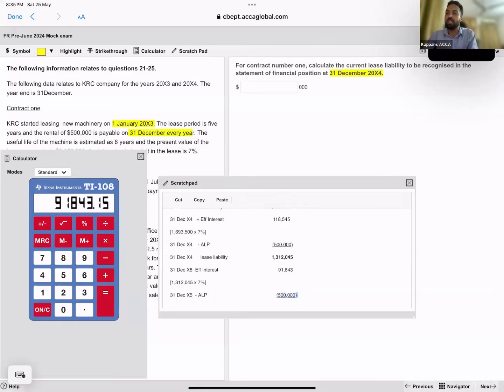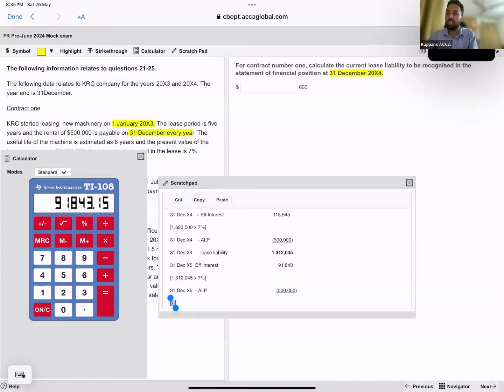So then you would get the lease liability on 31st December X5. This is basically 1,312,045 plus effective interest 91,843 minus 500,000, that is equal to 903,888.